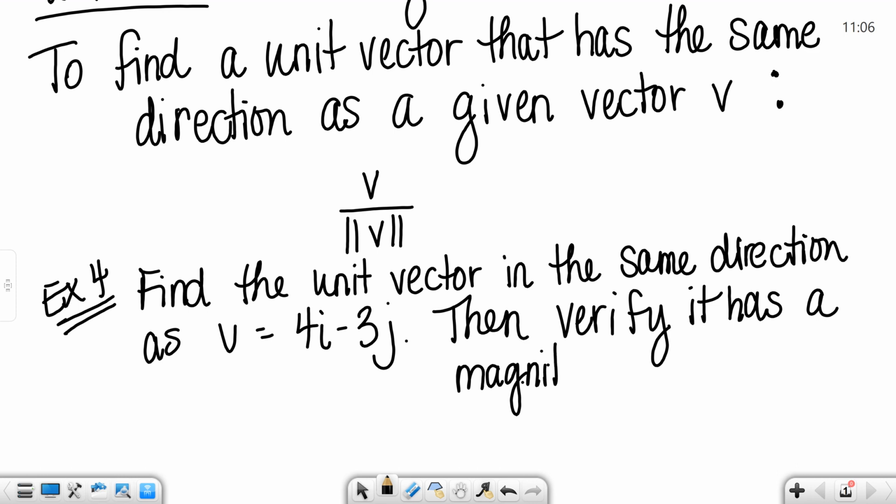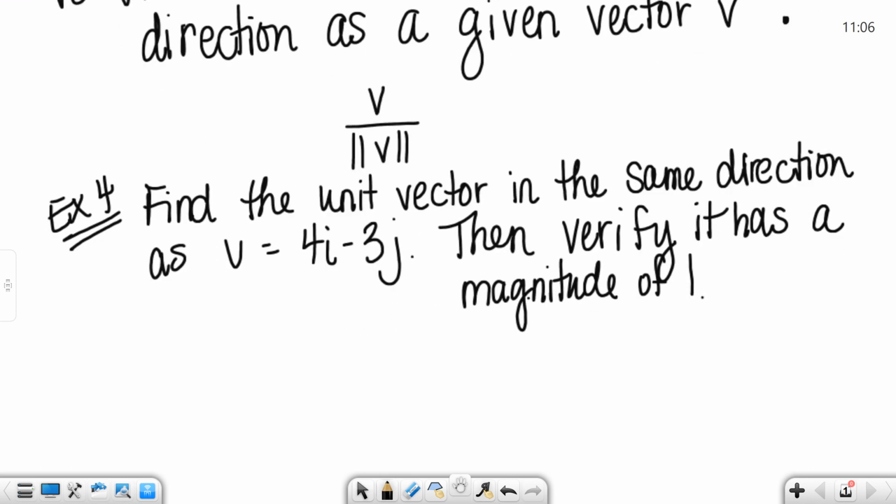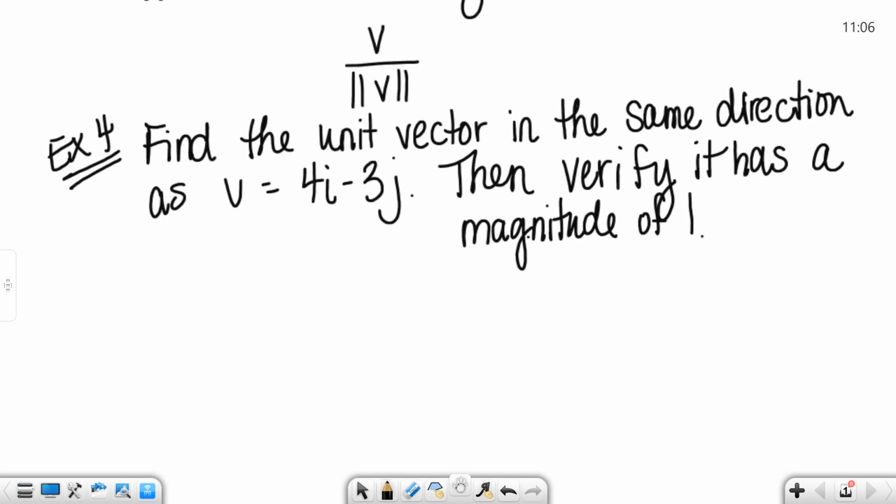Okay, and that's going to be at the end of the problem. All right, so we're finding a unit vector in the same direction as v. We use that little formula above, v over the magnitude of v. So v is 4i minus 3j.